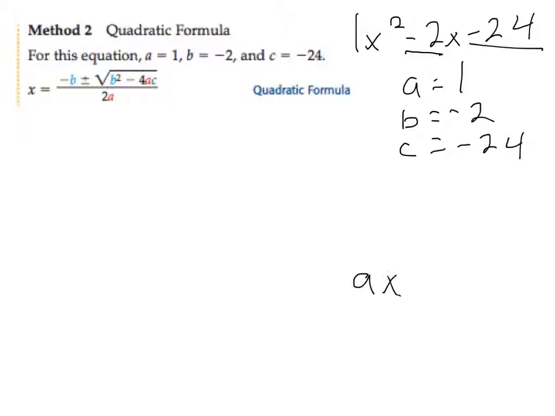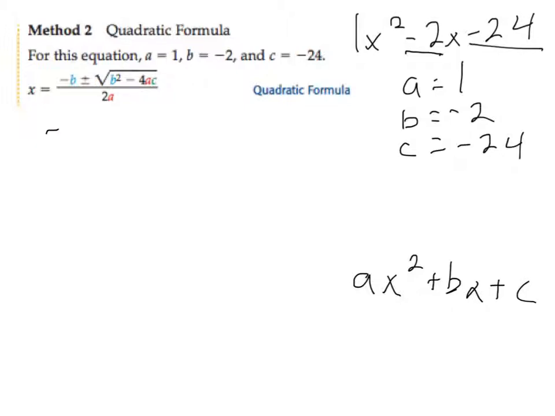Remember, it goes ax squared plus bx plus c. So a is the number in front of x squared, b is the number in front of x, and c is the last number. Now the nice thing about the quadratic formula is we're going to be able to figure out x, and all we really have to do is plug in these numbers.